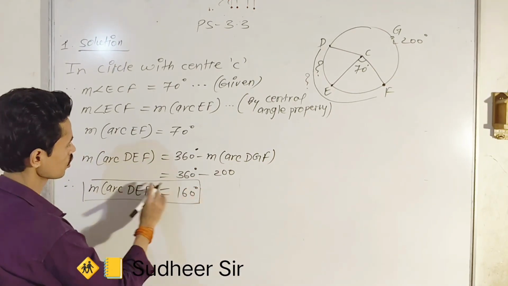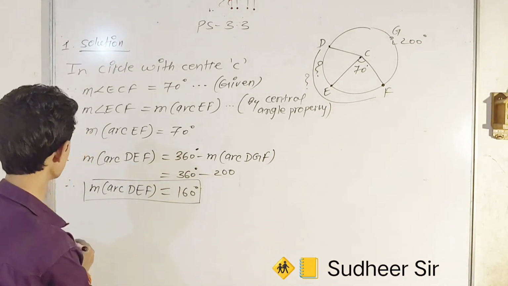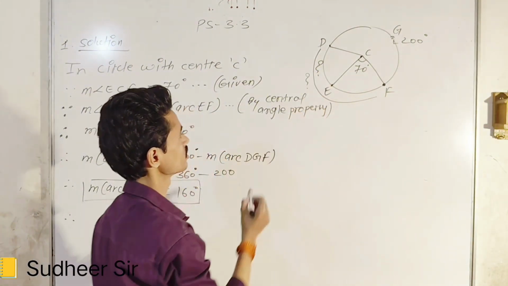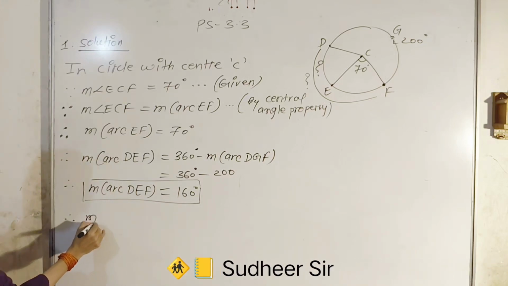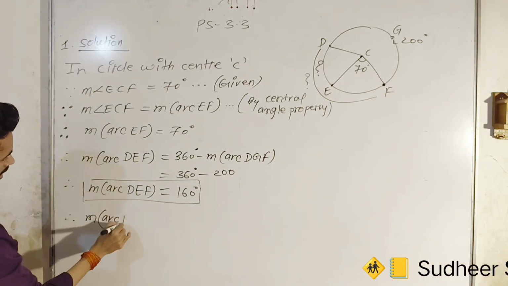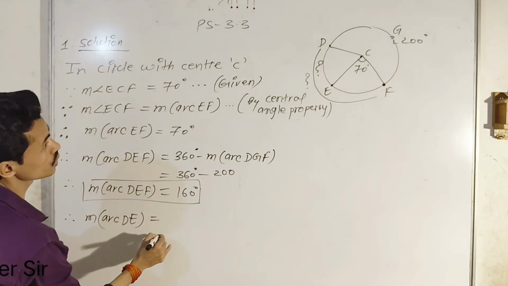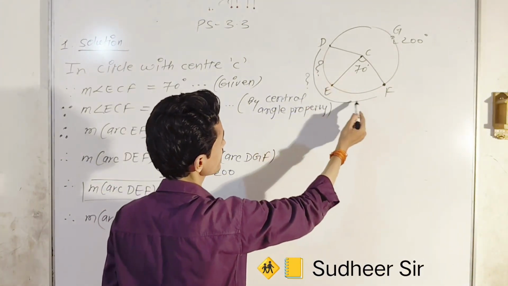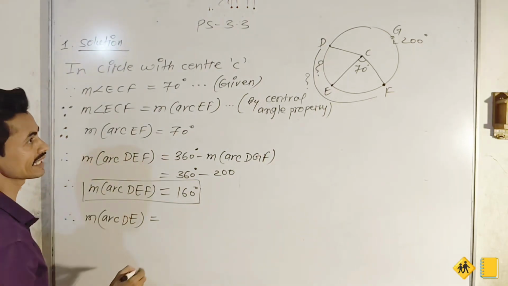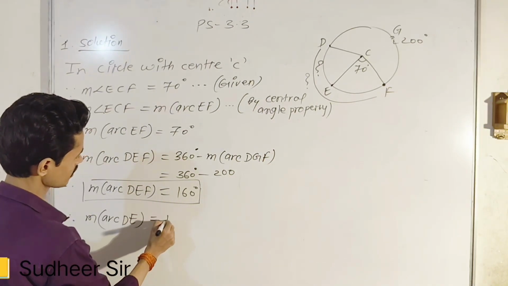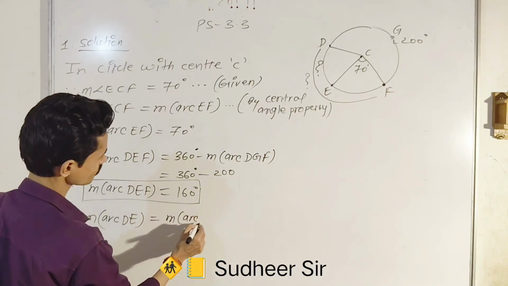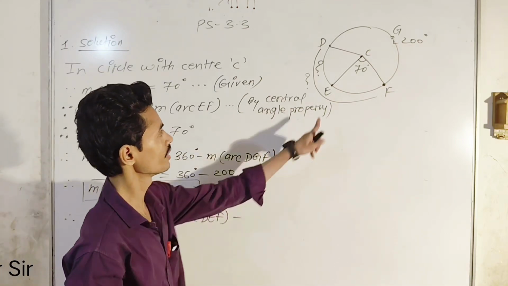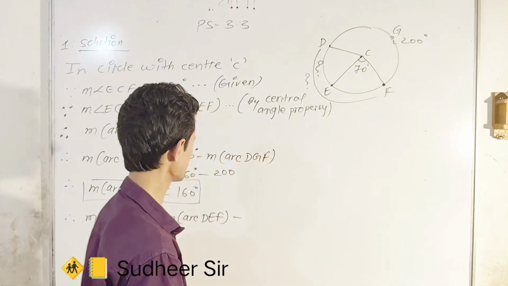Now we have to find the measure of arc DE. So how do we find it? Therefore, measure of arc DE equals, as we got the value of arc DEF, we'll write measure of arc DEF minus measure of arc EF.